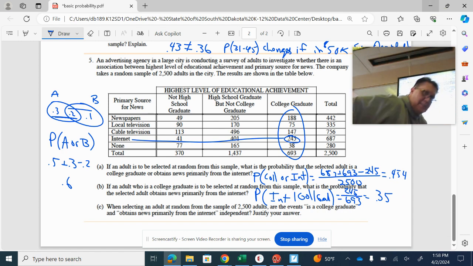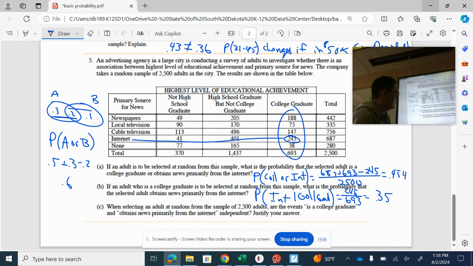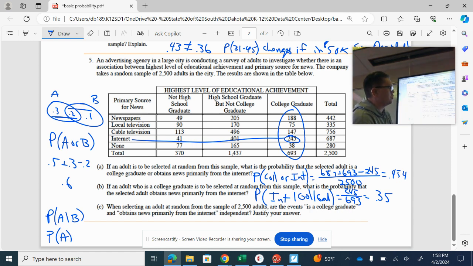All right, part C, last one. When selecting an adult at random from the sample of 2,500 adults, are the events is a college graduate and obtains news primarily from the internet independent? Okay, now this one didn't lead us quite the same as the last one, but whenever you do an A given B problem, compare it to just A. So we just did probability of internet given college graduate.